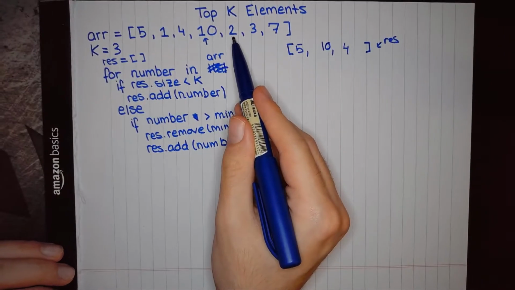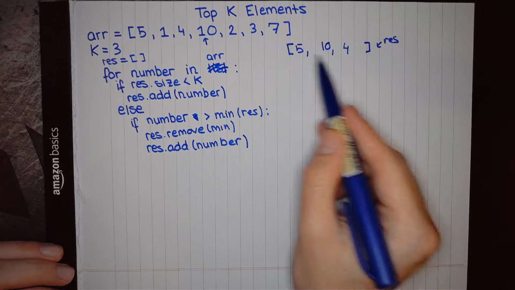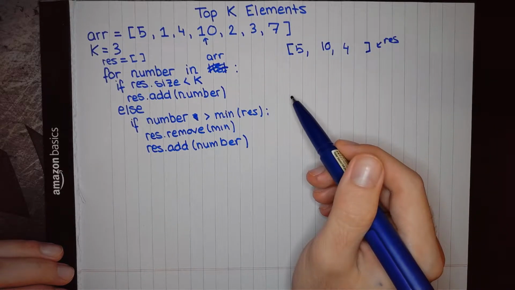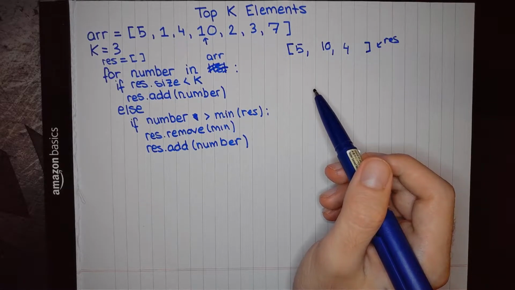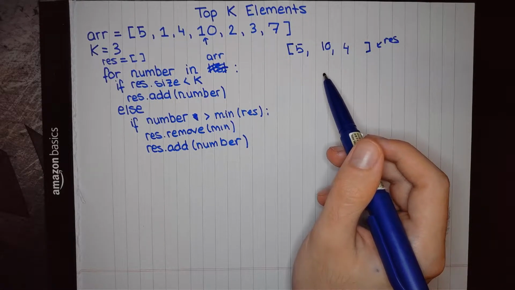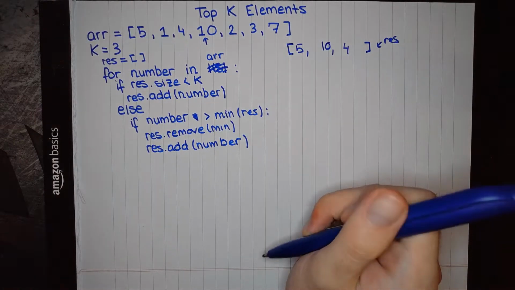Then we look at 2, but now 2 is not larger than any of the numbers. It's enough to just say 2 is not larger than the minimum of these numbers. Those are the same thing.